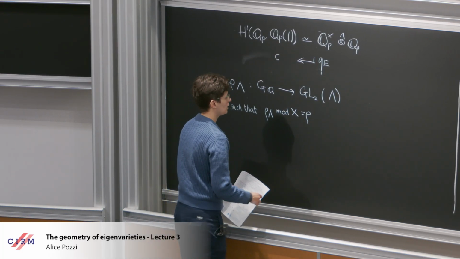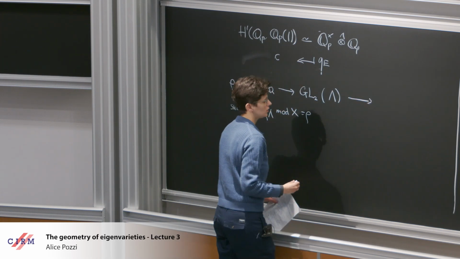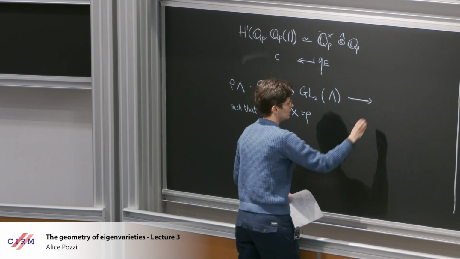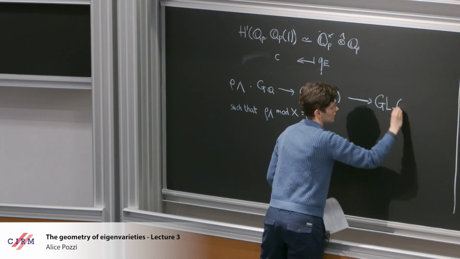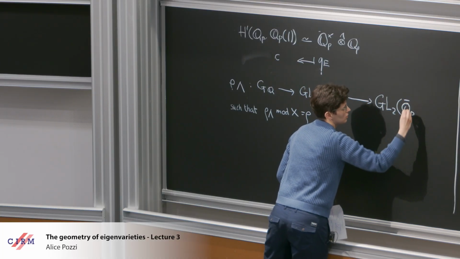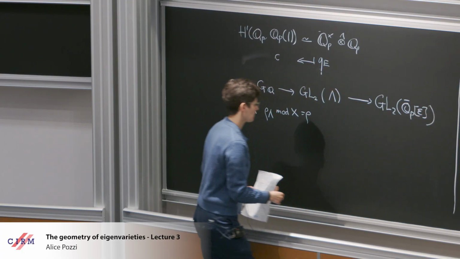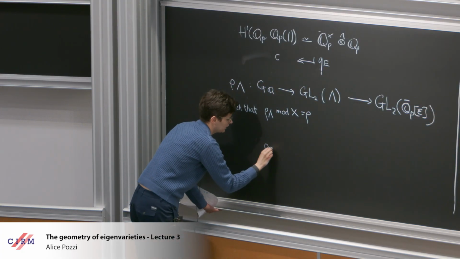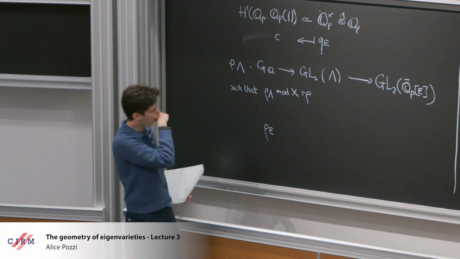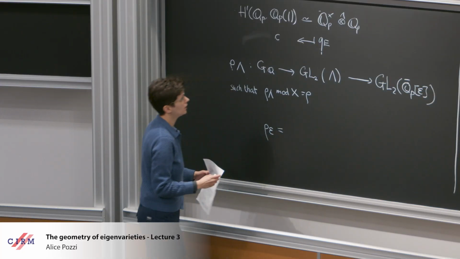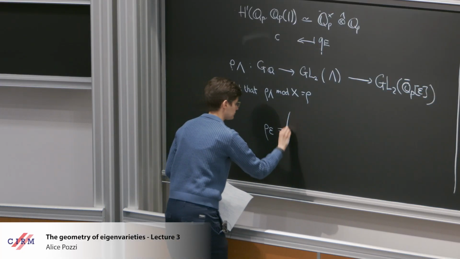So I'm going to reduce this mod x squared, and look at this inside GL2 over QP of epsilon, and get a representation that will look something like this.